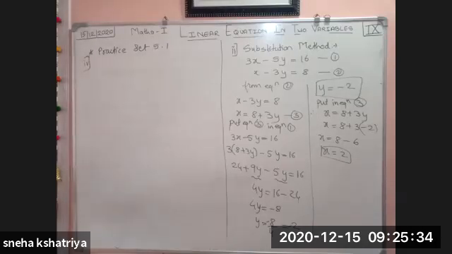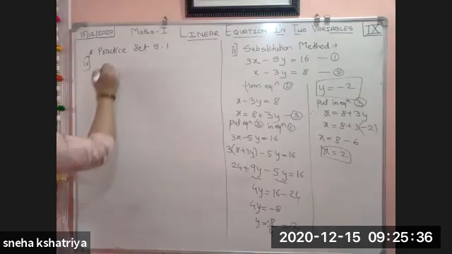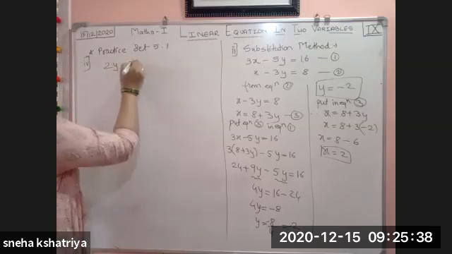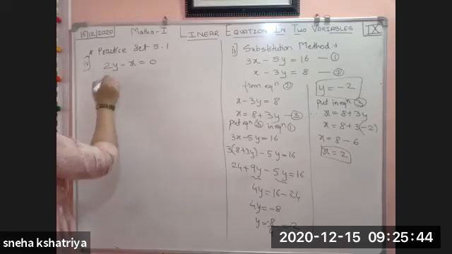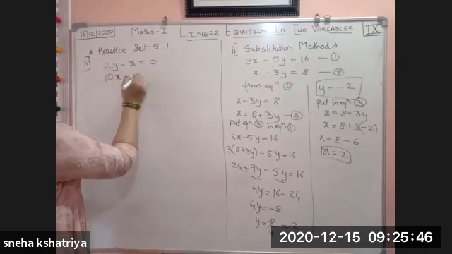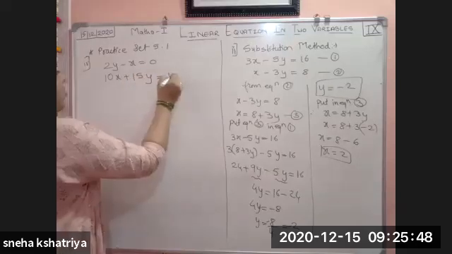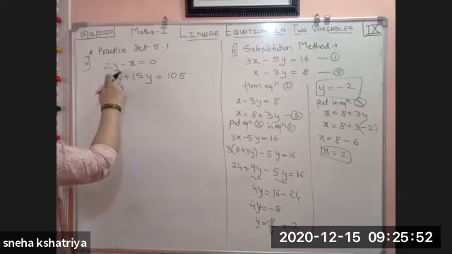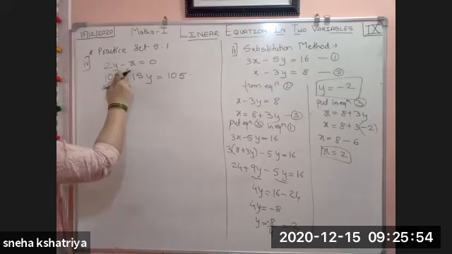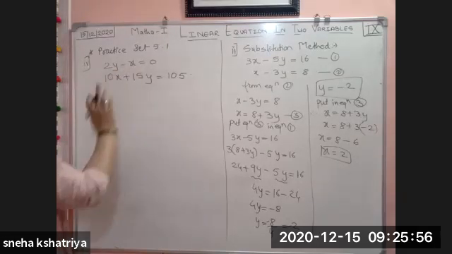Next example is 2y minus x is equal to 0, and the second one is 10x plus 15y is equal to 105. Now see here, this first equation is not in the proper form because x comes first, y comes afterwards.